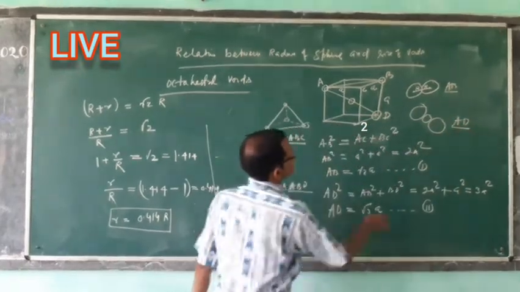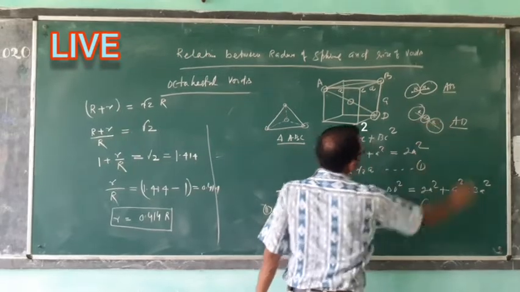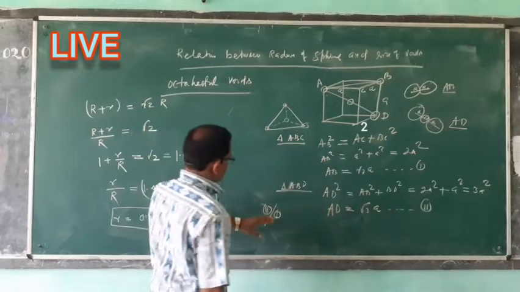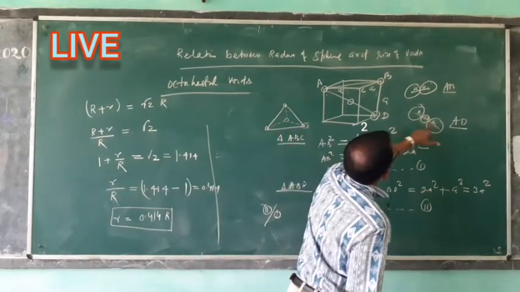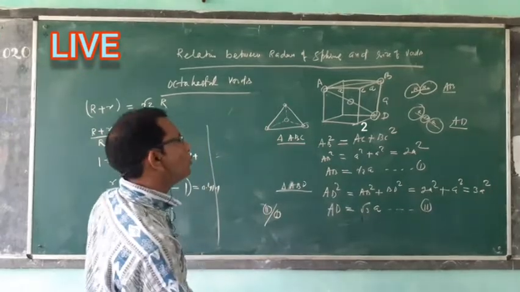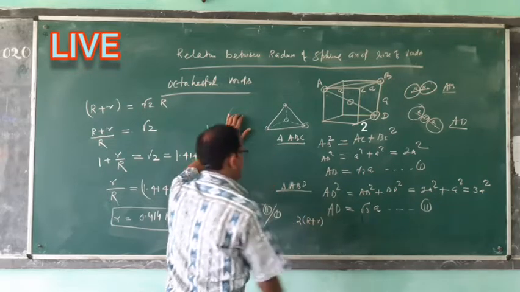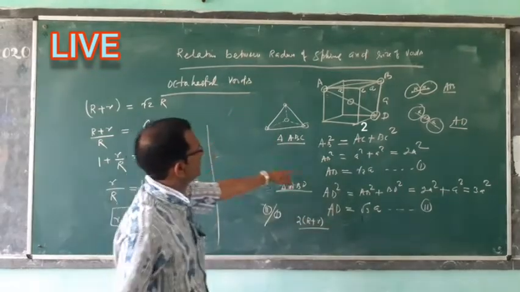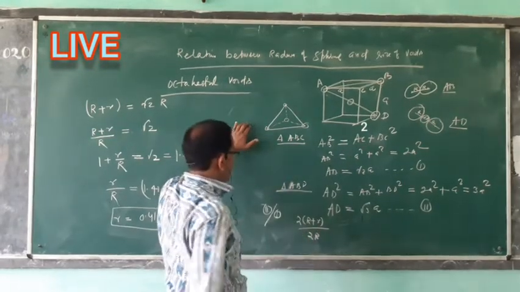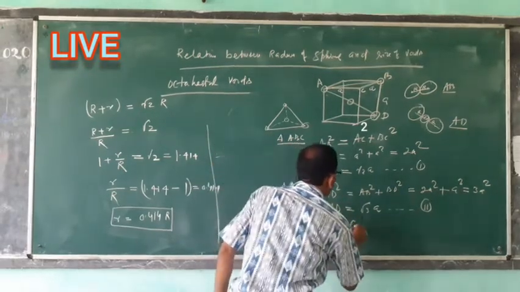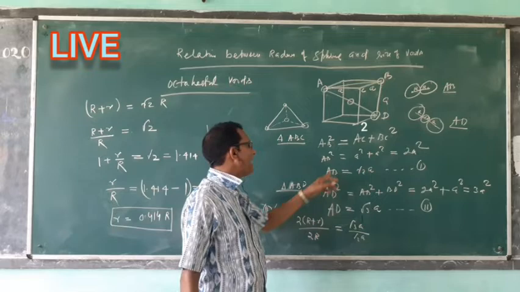AD contains 3 spheres, which means here one small r and capital R. So AD is equal to 2 capital R plus 2 small r, and AB is equal to 2 capital R. So 2 capital R plus 2 small r upon 2 capital R is equal to root 3 A by root 2 A. We are dividing equation 2 by equation 1.